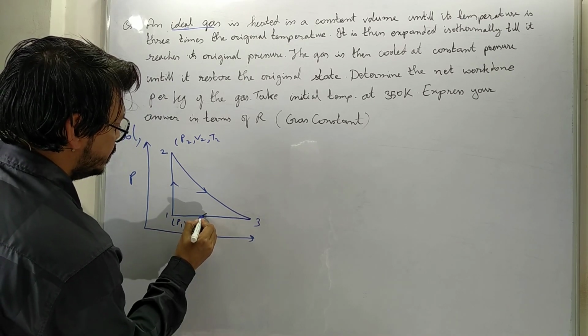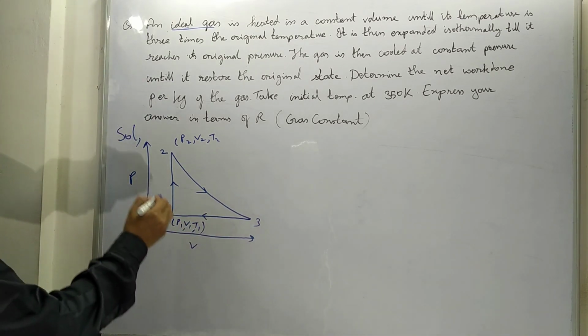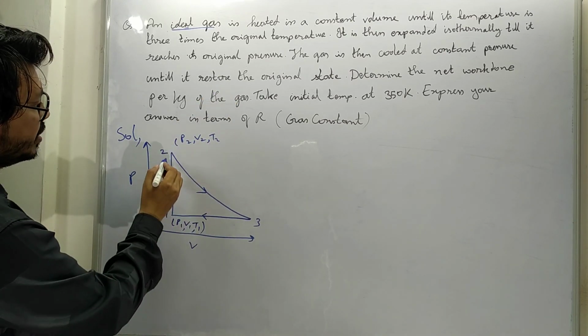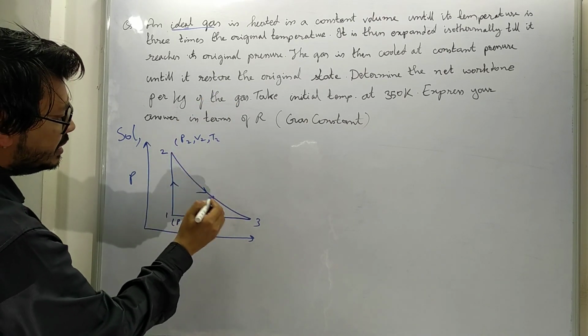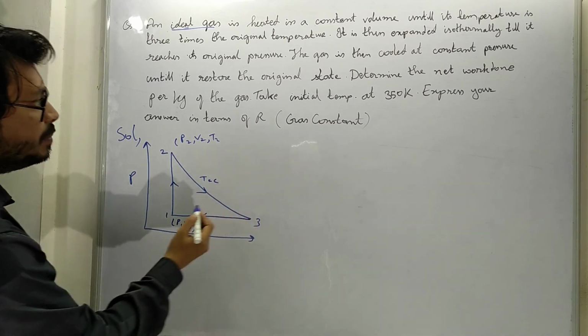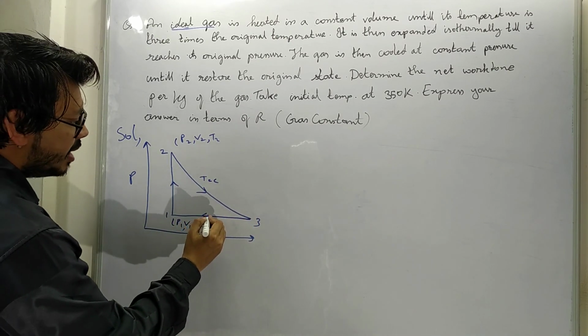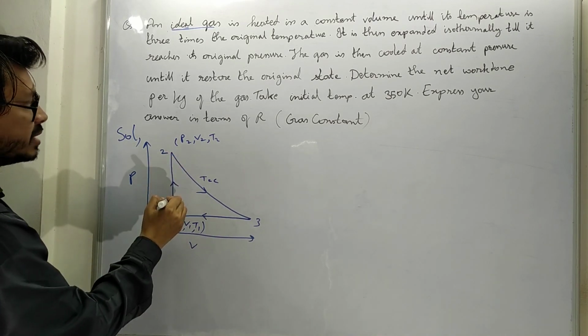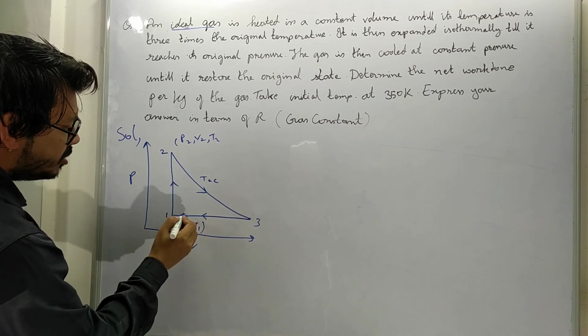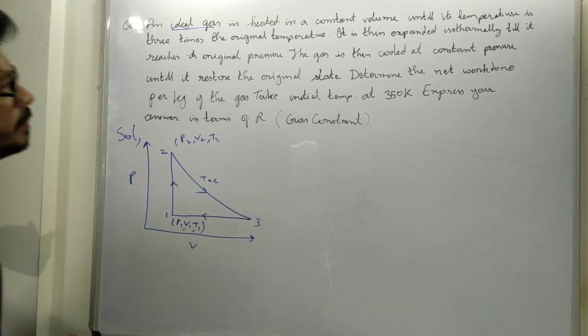So from 1 to 2 it is heated in a constant volume, then it is expanded isothermally, T equals constant, and then it is cooled back at constant pressure, that is isobaric. So this is an isochoric constant volume process, this is an isothermal process, and this is an isobaric constant pressure process.